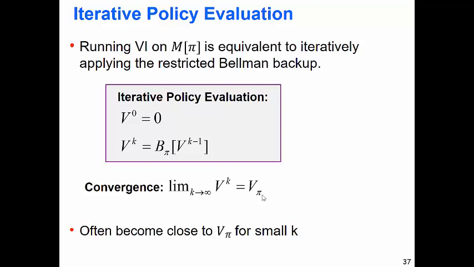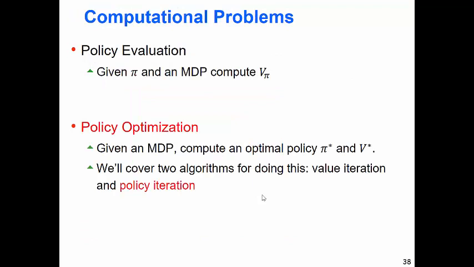Now we're going to talk about another class of policy optimization algorithms. We've talked about value iteration, and that really just deals with the value function. Value iteration only iterates over the value function, and it converges to the optimal value function. We said you get the optimal policy by doing a greedy look ahead with respect to that.